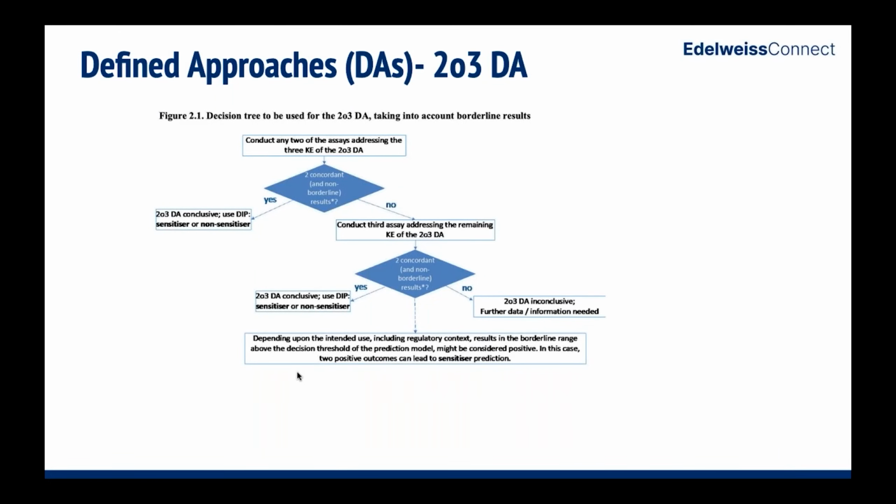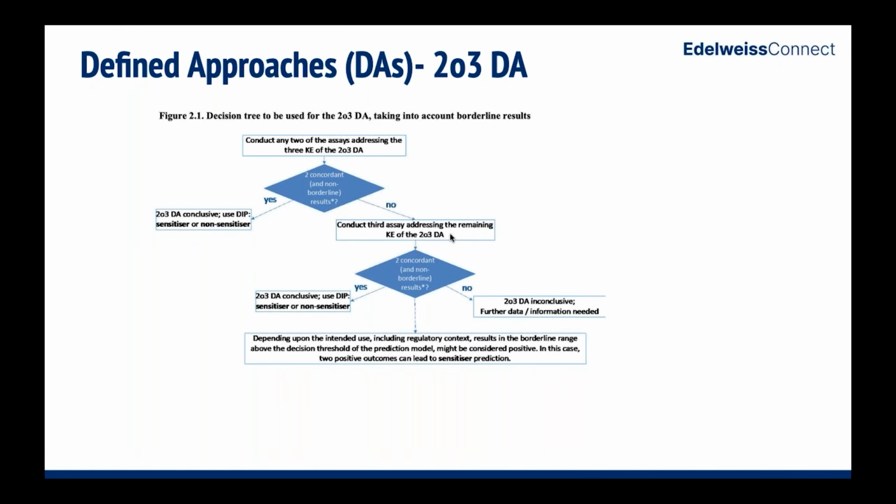There are mainly two defined approaches explained in the new guideline, and the first one is the 2 out of 3 defined approach, and it's basically a decision tree. When out of these 3 assays, 2 of the assays have the same outcome, then the assessment is clear. For example, if 2 assays have conclusive results, then it is clear whether it's a sensitizer or non-sensitizer.